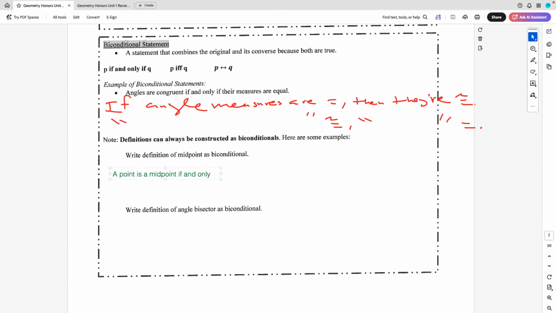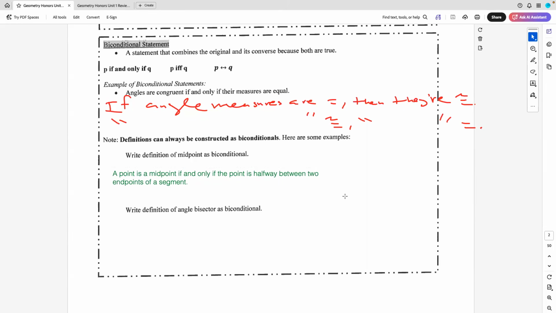A point is a midpoint if and only if the point is halfway, because you can reverse that. If a point's halfway between two endpoints, it's a midpoint. A point's a midpoint if it's halfway between two endpoints. So you could totally reverse those two statements and it'll always be true.